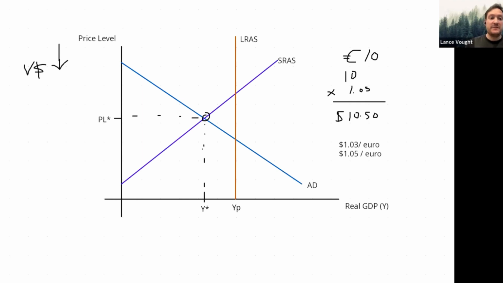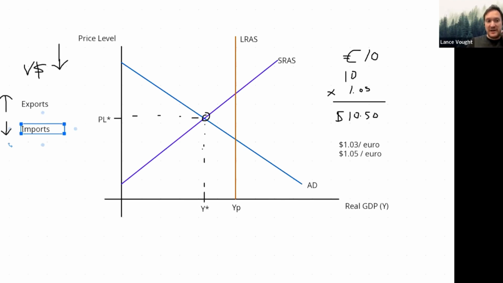But if the value of the dollar decreases, that means there's upward pressure on exports, because now it's going to be cheaper for people with other currencies to buy them. It's going to be more expensive for us to import stuff from those countries, so we're going to be less inclined to do that.